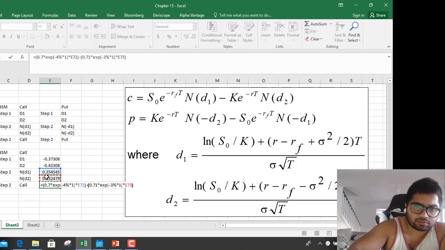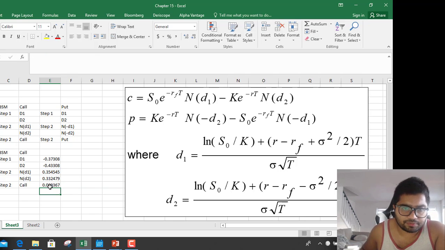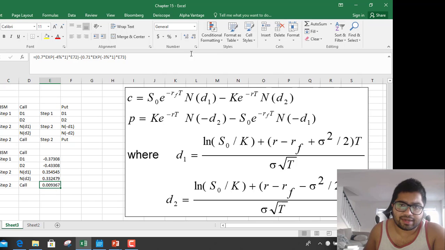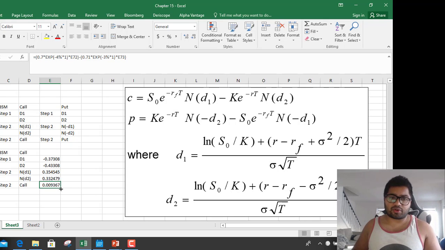So the call option will trade at 0.09367. Same way you can calculate put option prices.